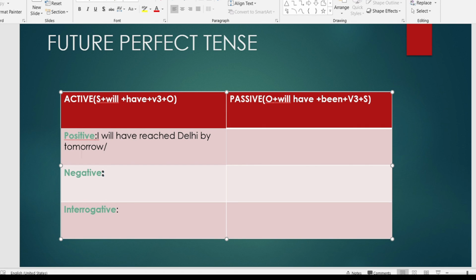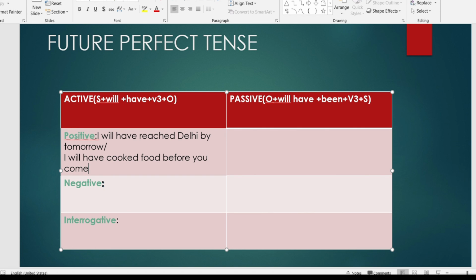Let's have another sentence. I will have cooked food before you come. तो आपके आने से पहले मैं खाना पका चुकी होंगी.